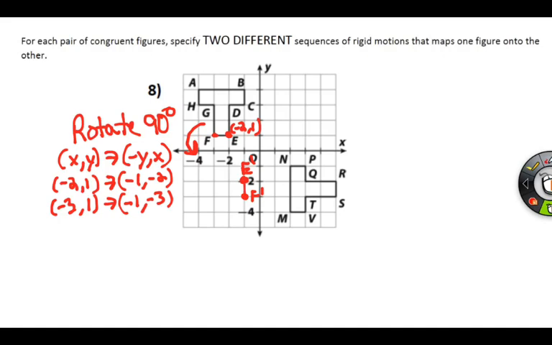Okay? And then if you follow that same thing with each of those, then it's going to look like this. And they're all going to be rotated. So the whole shape is going to be rotated around that point 90 degrees.